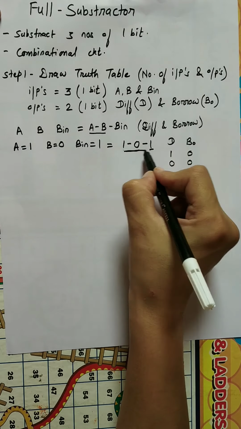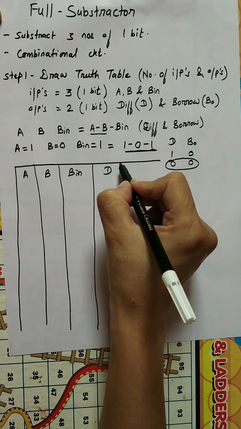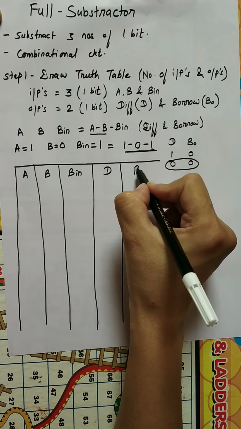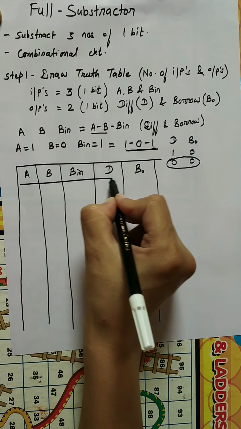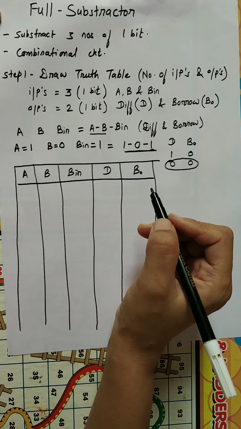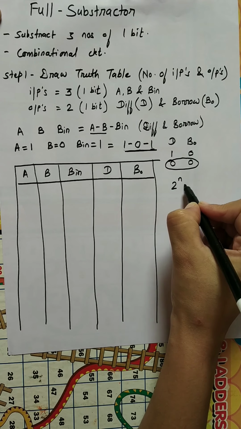I'll draw the truth table first for these three inputs, A, B and B in. Difference and borrow will be the outputs. How many inputs are there? Three inputs. How many combinations? 2 to the power n combinations, where n is the number of inputs.